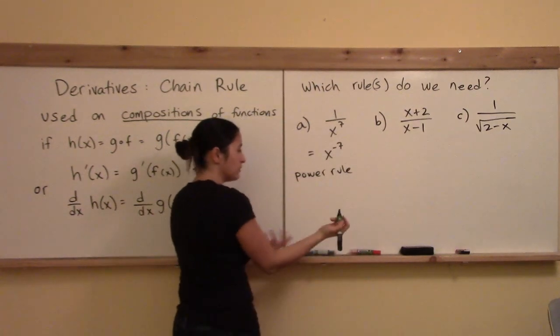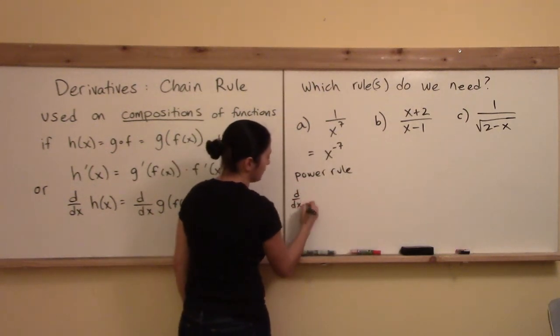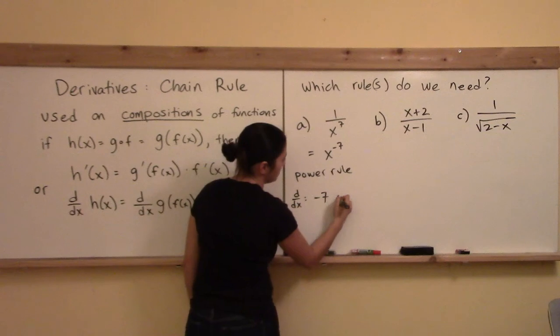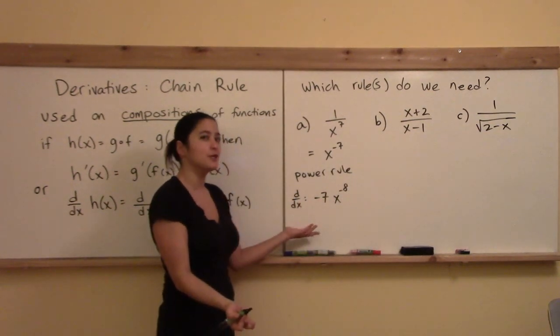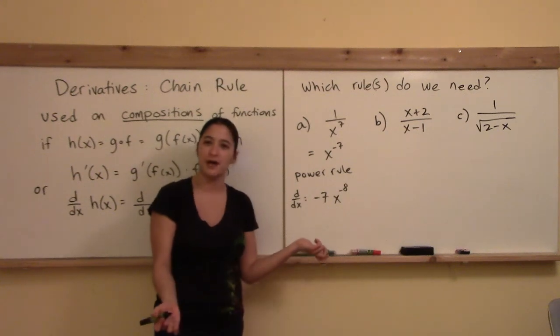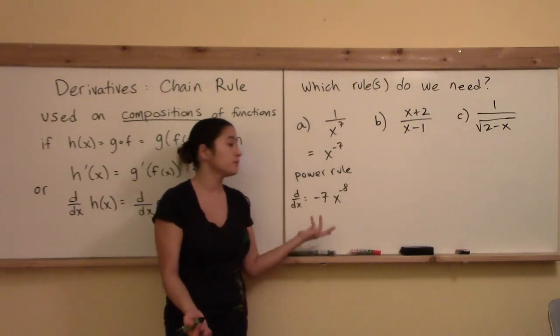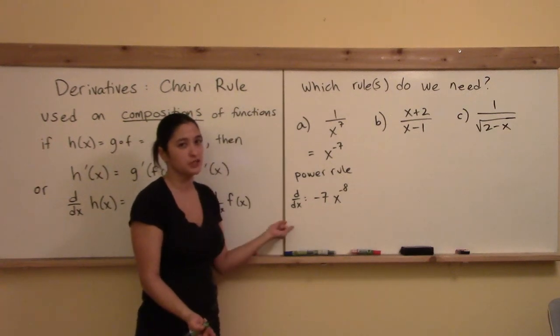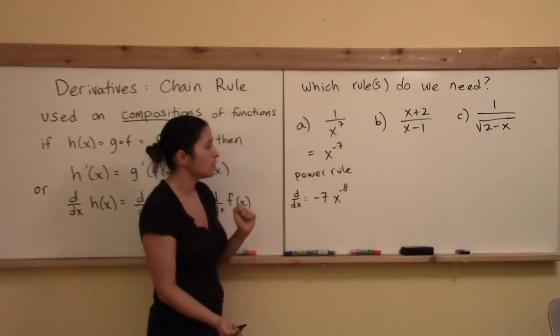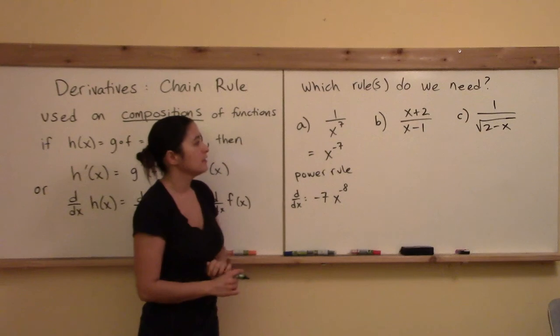Okay? So the derivative of this, the d dx of this right here, is going to be minus 7x to the minus 8. All right, so that's the easy way to go. You could use the quotient rule and simplify, and you should get the same thing. Feel free to check that. But if you do, then you will realize that this is the much easier way. So that's the way you want to go on a power like that.